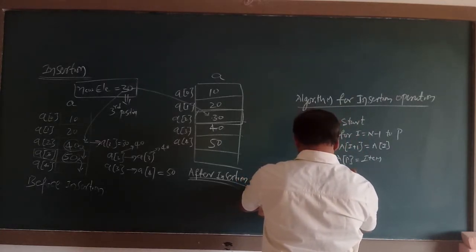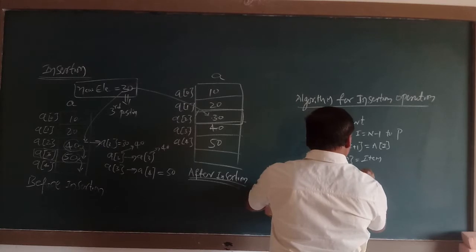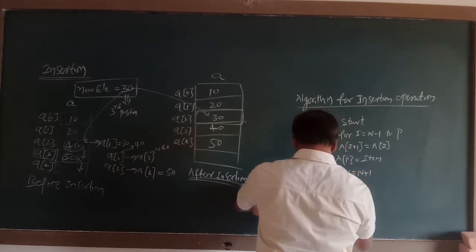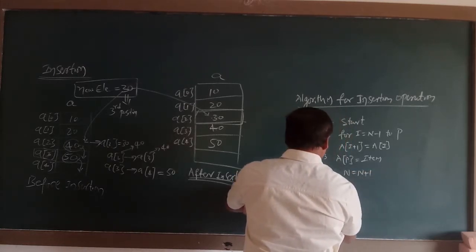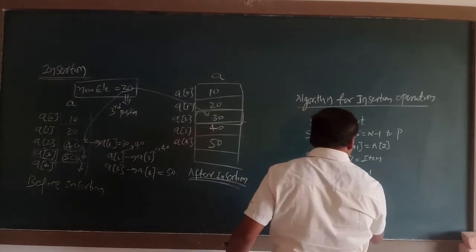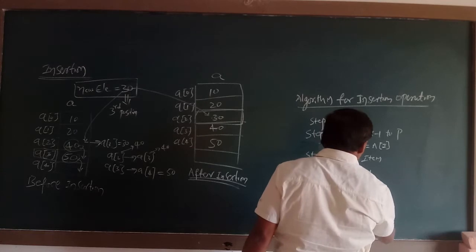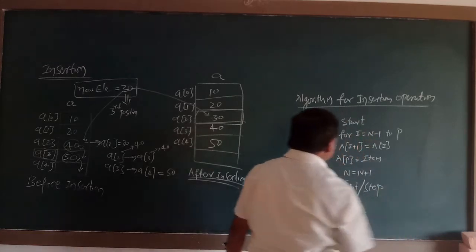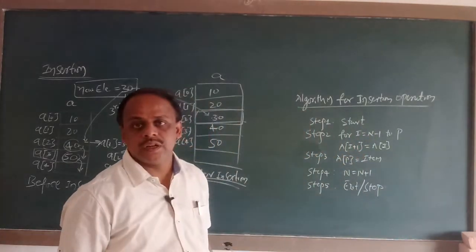Step 4, n is equal to n plus 1. Step 5, exit or stop, right? That is end of algorithm.